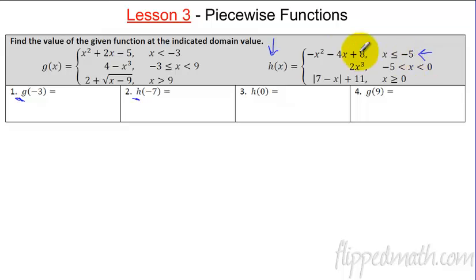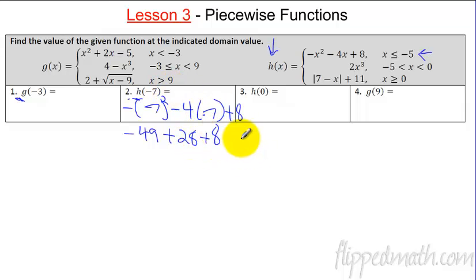So I plug a negative 7 in, and I put parentheses: negative 7 squared minus 4 times negative 7 plus 8. That's negative 49, since negative 7 squared is 49 with the negative still in front, plus 28 plus 8, and then you just write in whatever that simplifies to. Okay, that's evaluating, just plugging the numbers in.